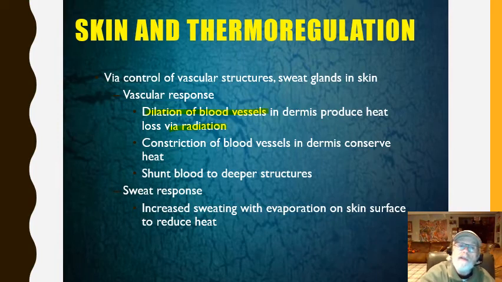Then they have constriction in the dermis to conserve the heat if we're exposed to cold. Okay, so again, the epidermis: how much blood supply is there to the epidermis? None. So what happens is in the dermis, I constrict the blood vessels, and by constricting them, I decrease the blood flow that actually cools that tissue.